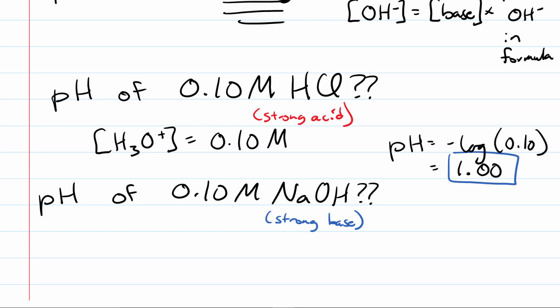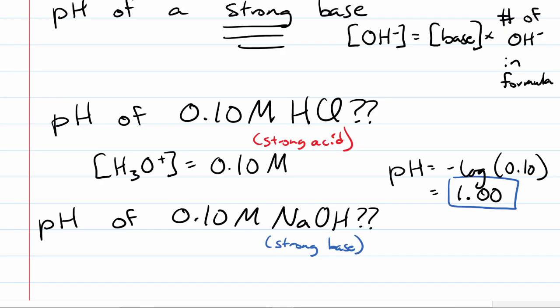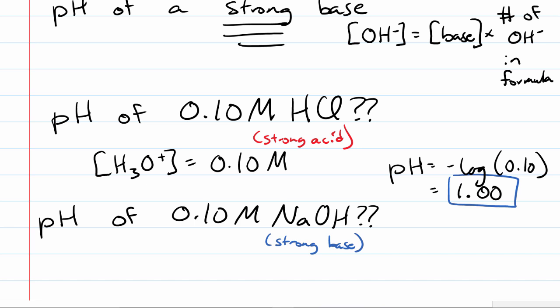So now, because it's a strong base, what this tells us is that the concentration of hydroxide ions is going to be equal to the concentration of the base, which is 0.10, and we're going to multiply it by the number of hydroxide ions in the formula, which is 1.